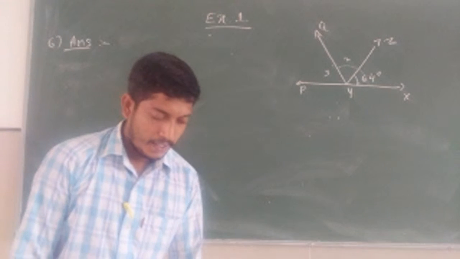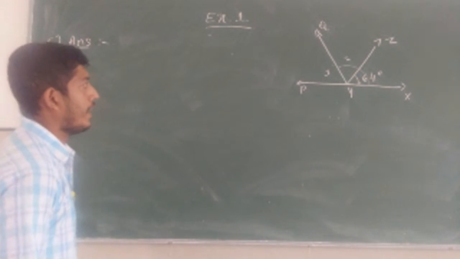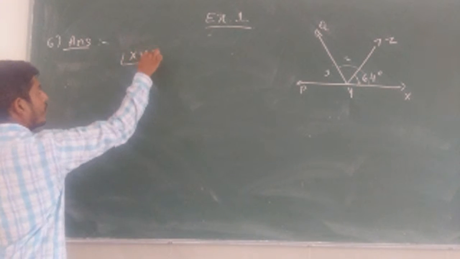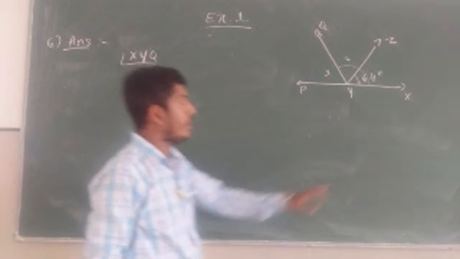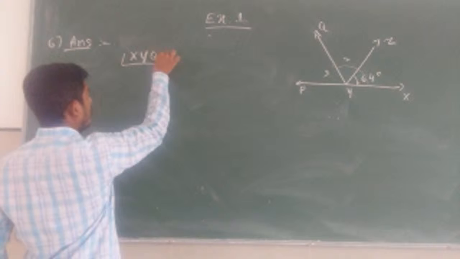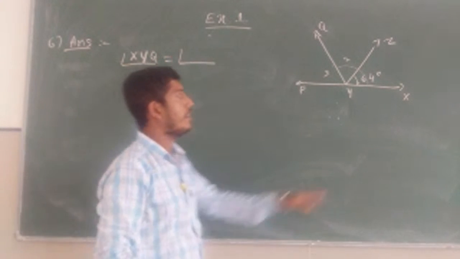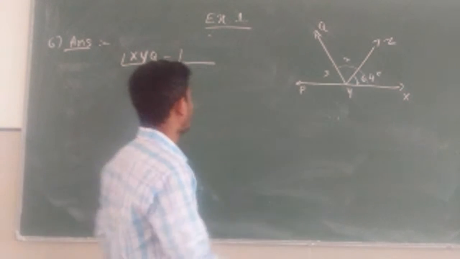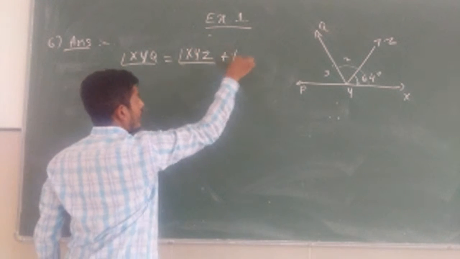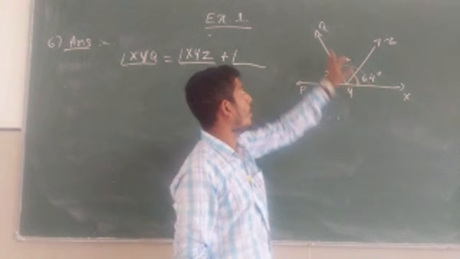Next part, now I have to find angle XYQ. So angle XYQ is equal to angle XYZ plus angle ZYQ.